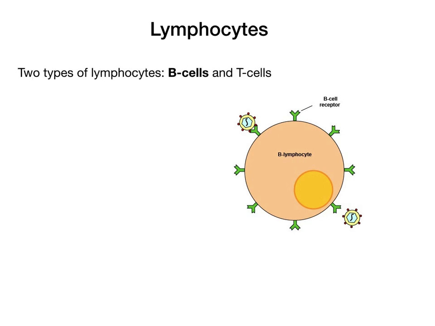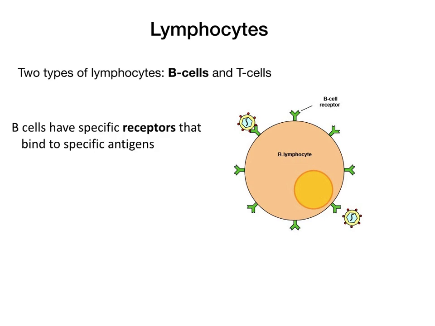The two types of lymphocytes that are part of the adaptive immune system are B cells and T cells. In this class, we will not be covering T cells, so don't get distracted by T cells in your reading. Use your guided notes, which should only point you to focus on the material that is discussed with B cells. So we will only be discussing B cells.